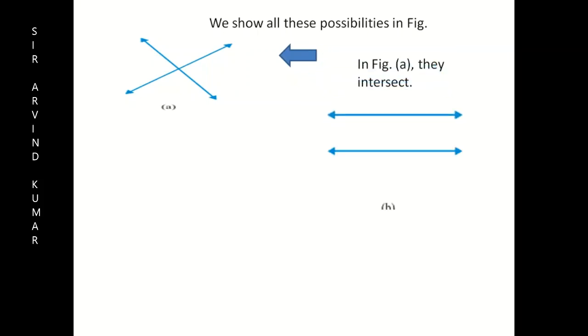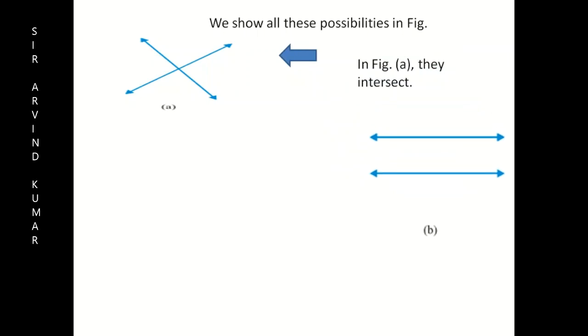Now, next is this. What can you say about these two lines? Pause it once, check what you decide and write it down in your copy. Okay, now just verify it. Yes, figure B is of two parallel lines.